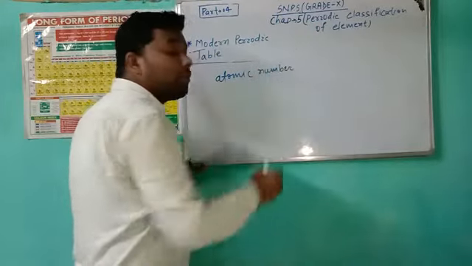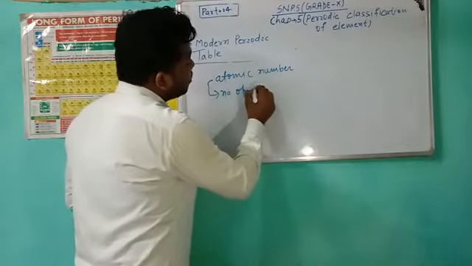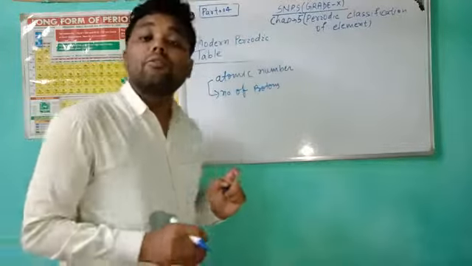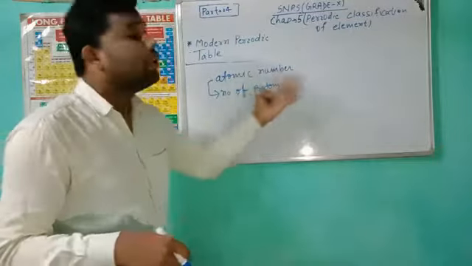What is atomic number? The number of protons present in the nucleus of an element is called atomic number.